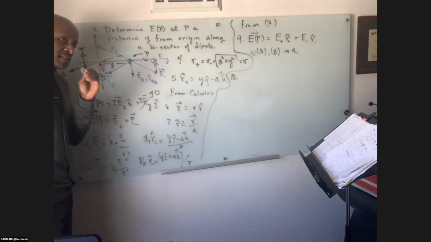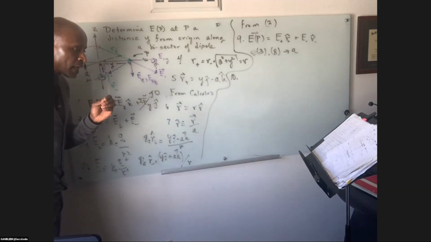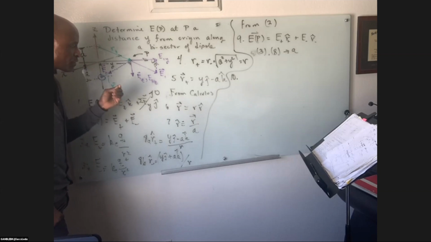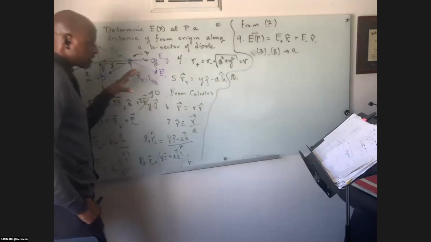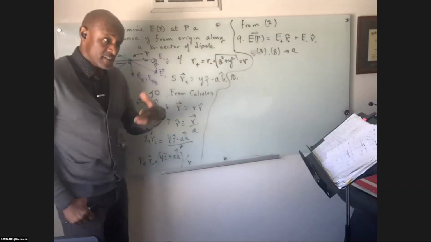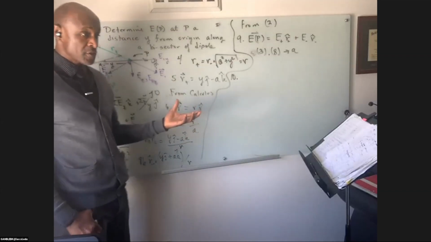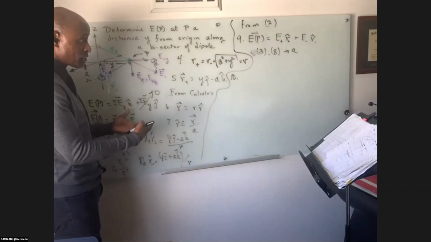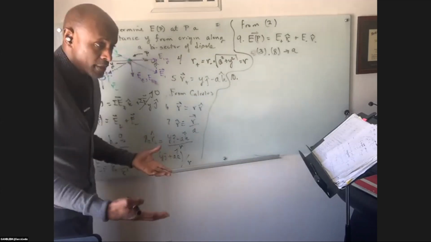But I'm doing it in a very specific way because I'm trying to show the symmetry between going from a discrete problem to a continuous problem. The mathematics gets necessary when you have a continuous charge distribution. It's not necessary for discrete, but you can do it.